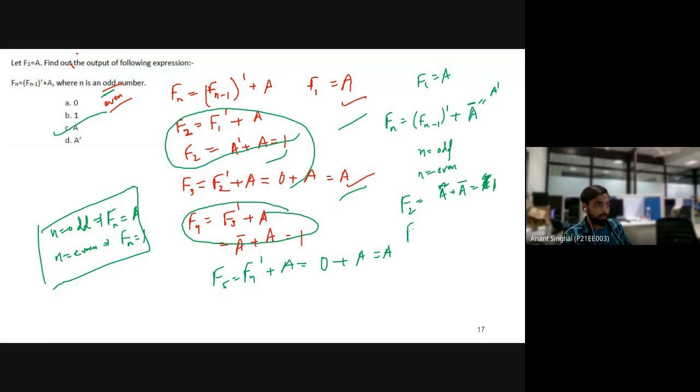Now F3 will be 1's complement, which is 0, plus A bar. Then F4 will be A plus A bar, which will be again 1, and F5 will be 0 plus A bar. So yeah, this cycle repeats now. A bar, A bar. So for n equals to even, it will be 1, and for n equals to odd, it will be A bar.